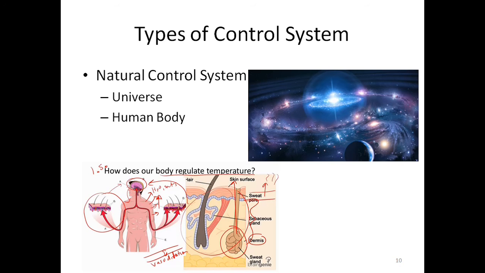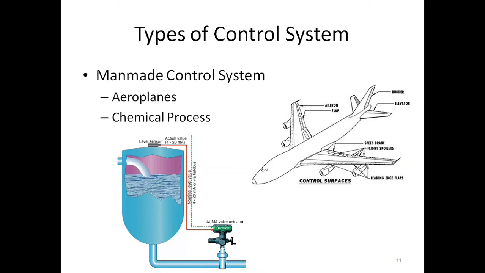So this is also a natural control system. Then man-made control systems. Aeroplanes, how they are controlled, how they land, how they take off. These are man-made control systems. Then different chemical processes.